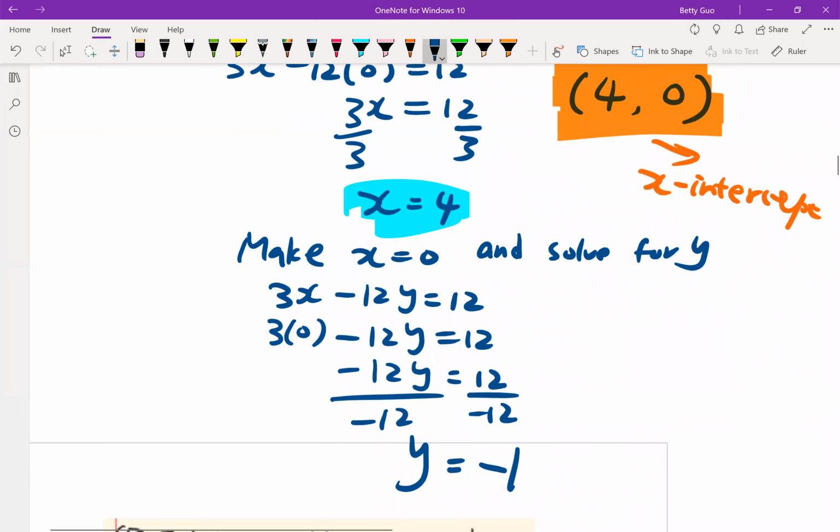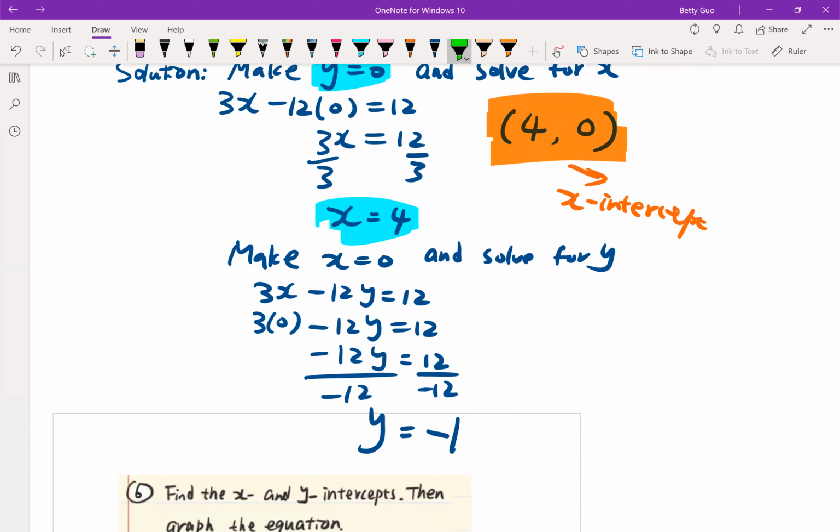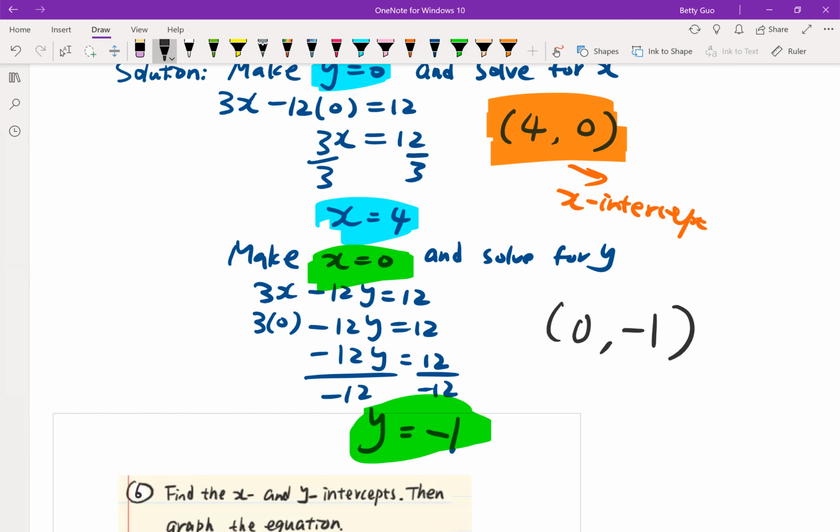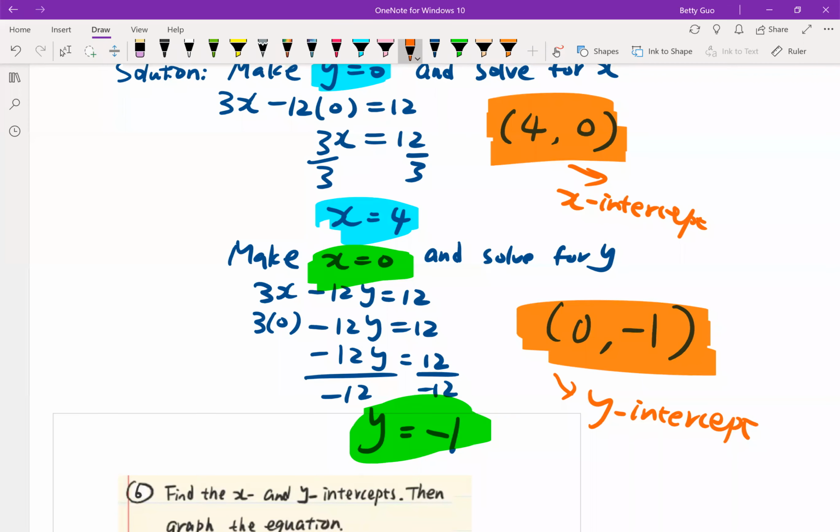So as x is 0, y is negative 1. That is a pair. So (0, -1) is the y-intercept. That's the standard process for finding the x-intercept and y-intercept.